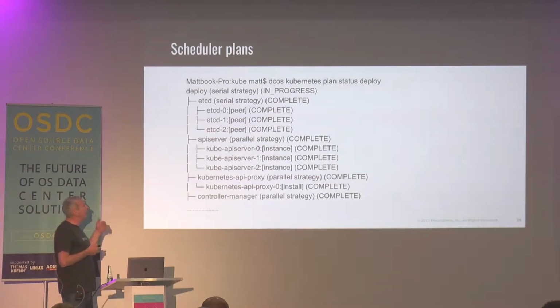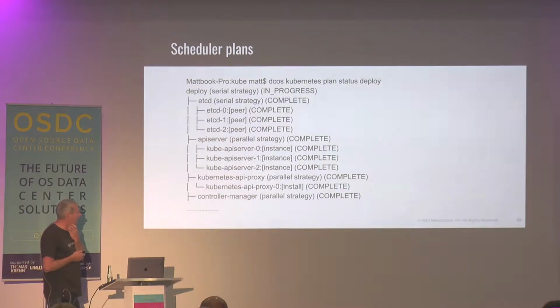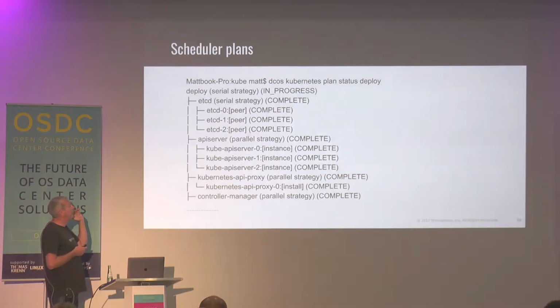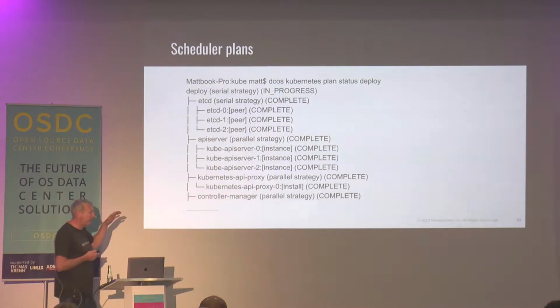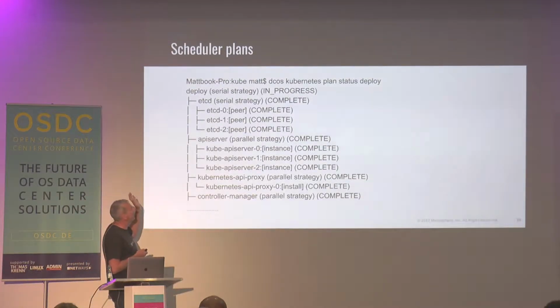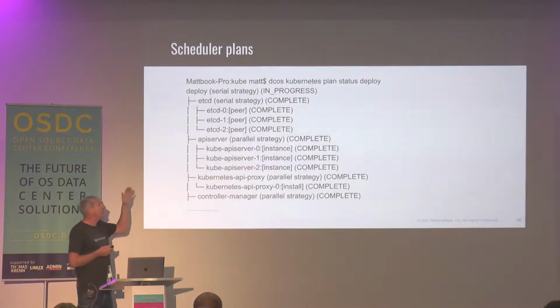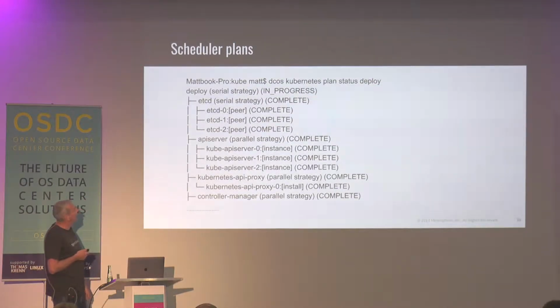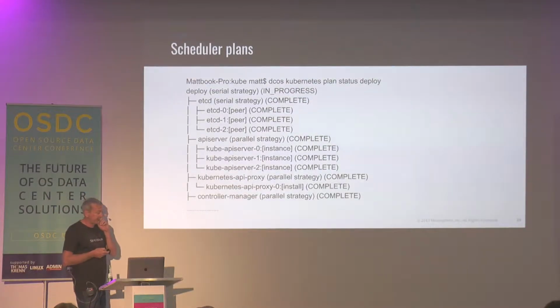When we look a bit deeper into the plan, these are all from the Kubernetes package that is in the catalog. We can look at the ordering that the scheduler will use in order to do a particular task. So this is the deployment of Kubernetes. It's cut off at the bottom because this is a huge, long thing here. But we can see that it knows about the order that it needs to do things in.